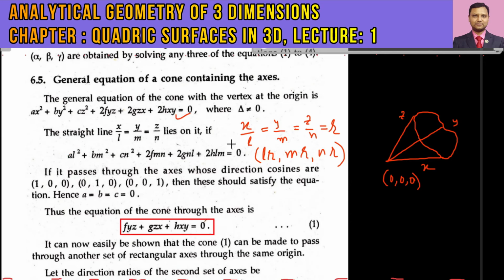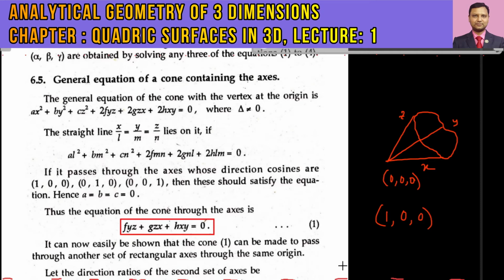Now you can observe that the x-axis is a generator. In case of the x-axis, the direction ratios are 1, 0, 0, or in other words, l is equal to 1, m is equal to 0, and n is equal to 0. This is the case when the x-axis is the generator.